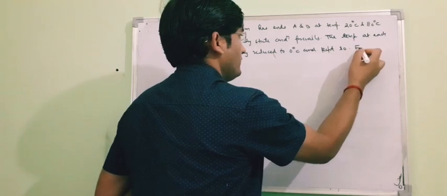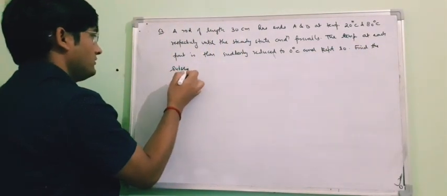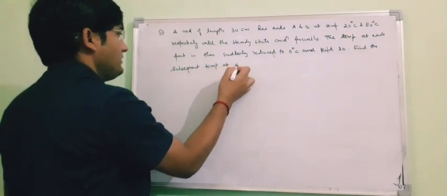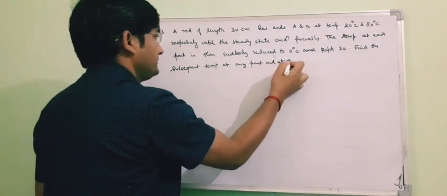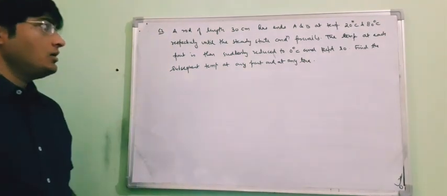So, find the subsequent temperature at any point and at any time. So that means we have to calculate U(x,t).